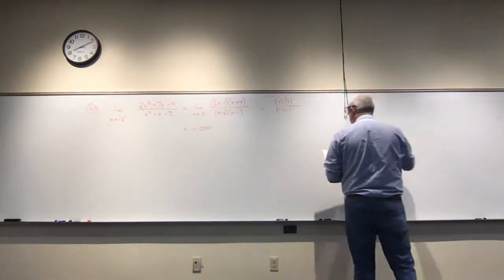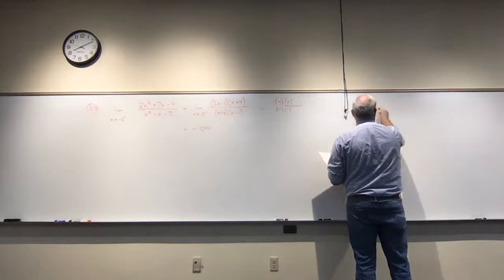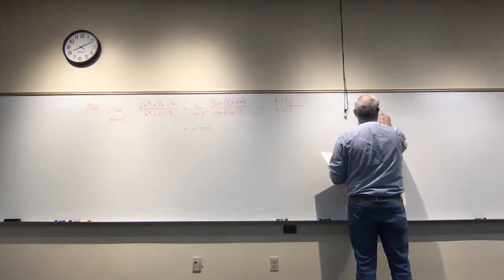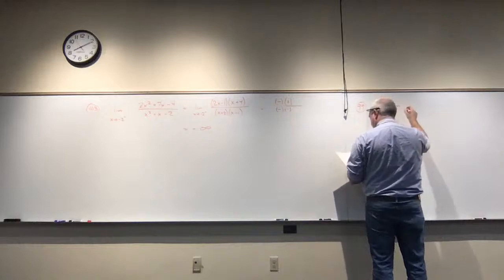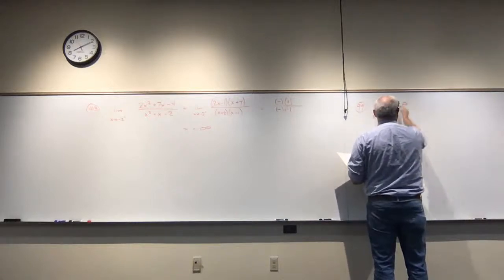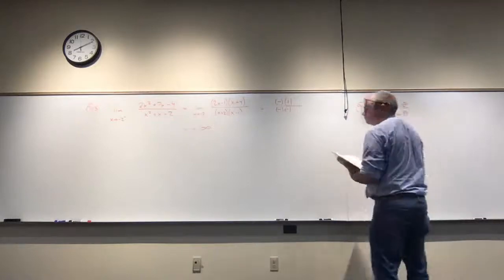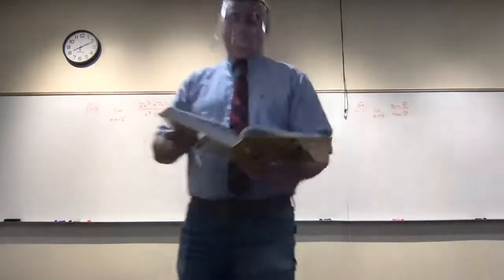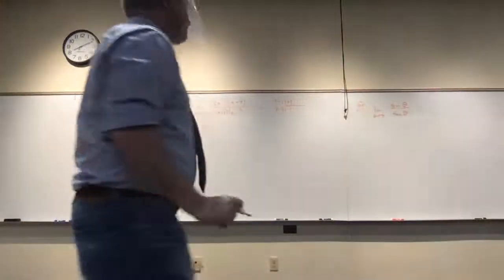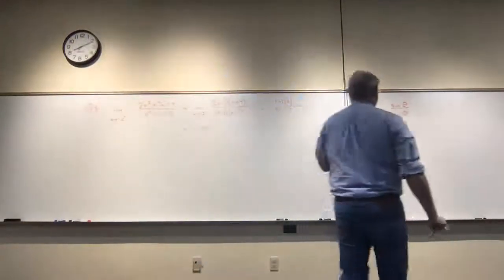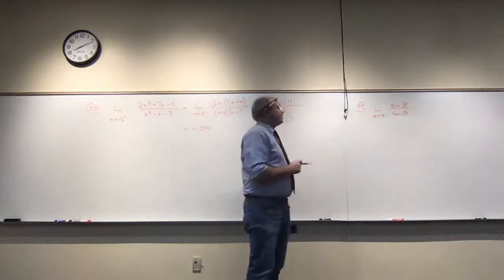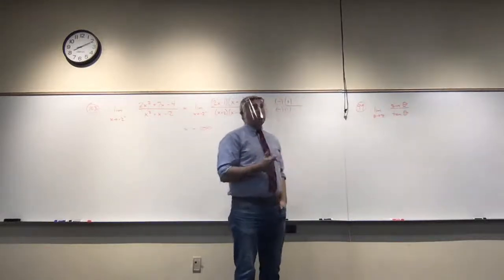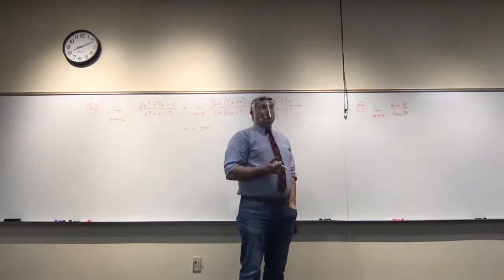We have the limit as theta goes to pi of sine of theta over tangent of theta. Okay, so theta is going to pi, and the question is, what is sine of pi?